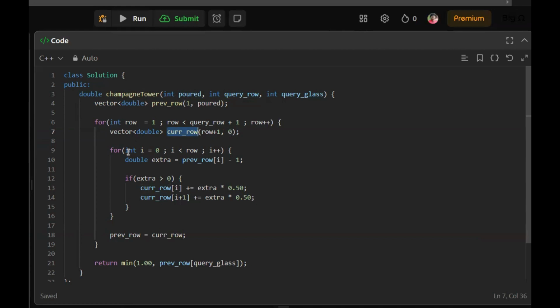So we have to run a loop on the previous row, and we have to determine the extra amount of champagne we currently have for the corresponding glass.